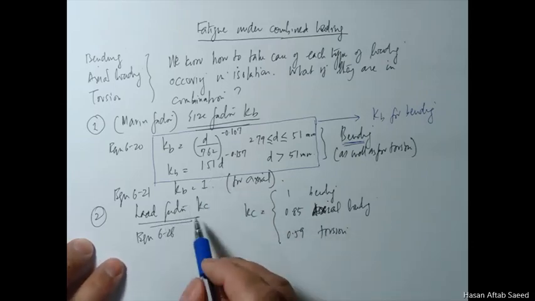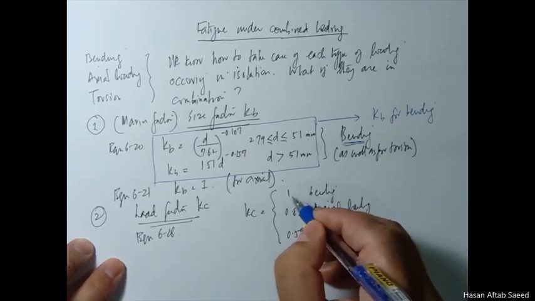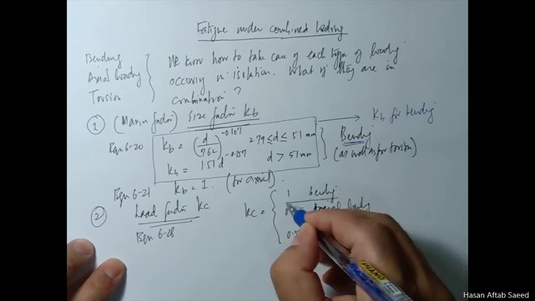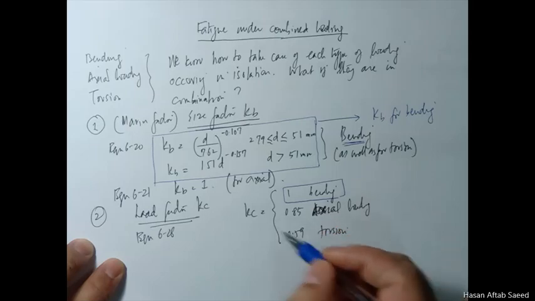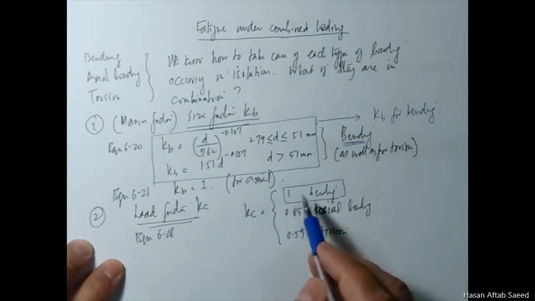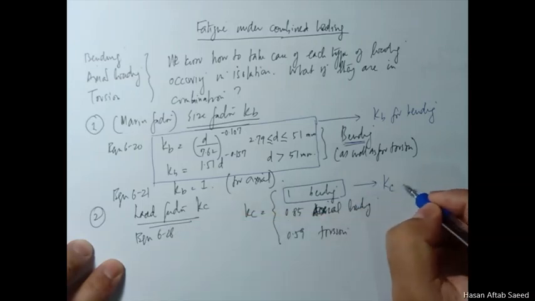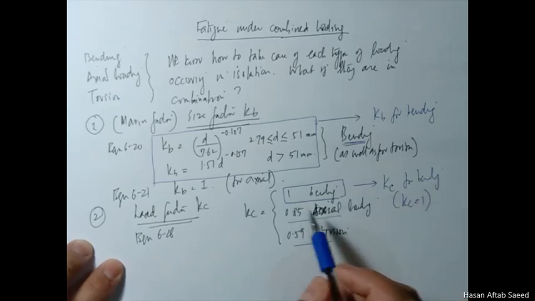Similarly, in KC you are using the value of Kc equal to 1 for bending, because we cannot apply 3 Kcs. If you have 3 types of loading, you can only apply one. So we are going to apply this Kc for bending, so what about this and this?